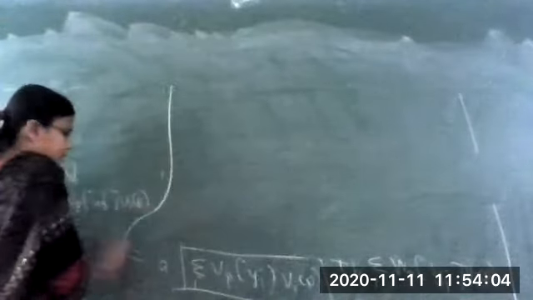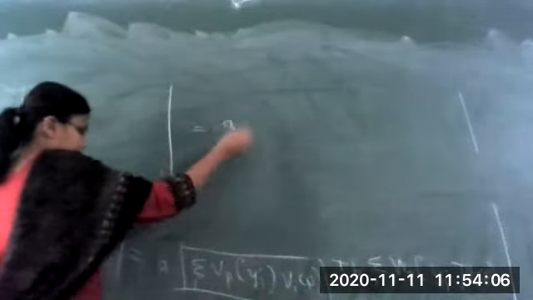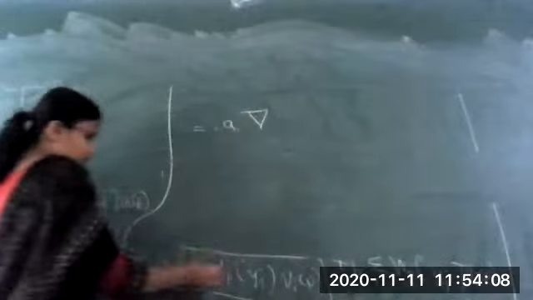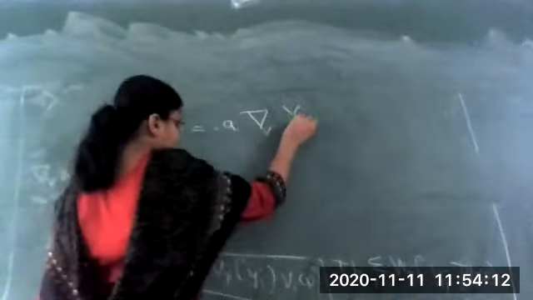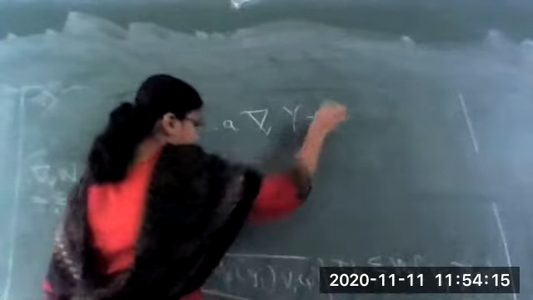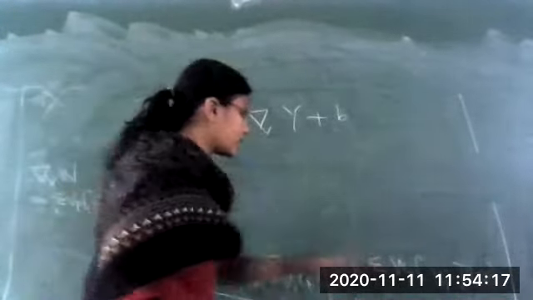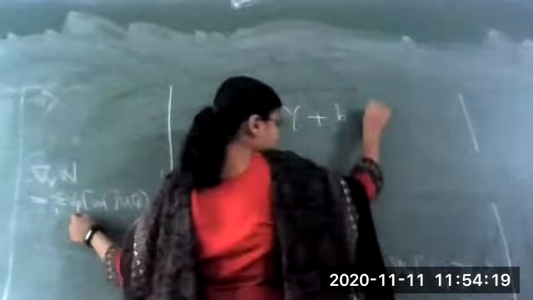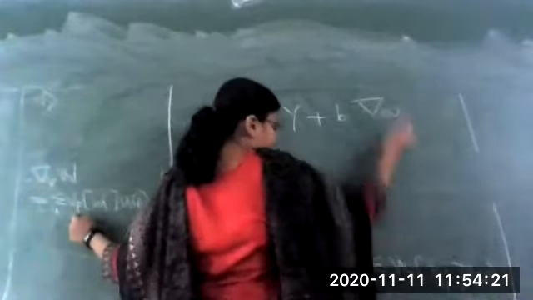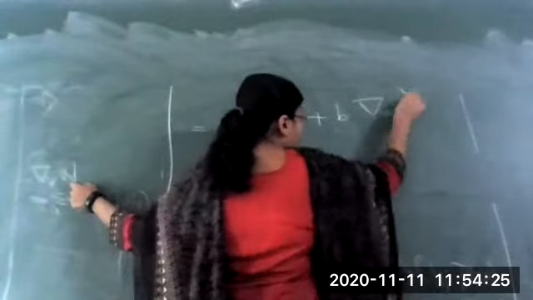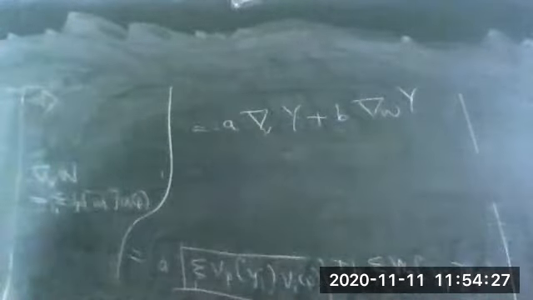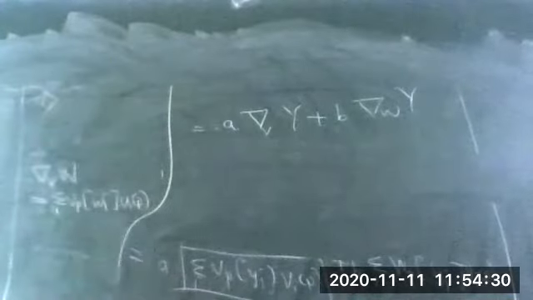So what I can write is a as it is, this will be del. Here V is the tangent vector, and what is the vector field? Capital Y. Plus b as it is, what is the tangent vector here? W. Here we have the tangent vector VP, so del W. What is the vector field? Here we have vector field Y. So hence the proof. Okay.